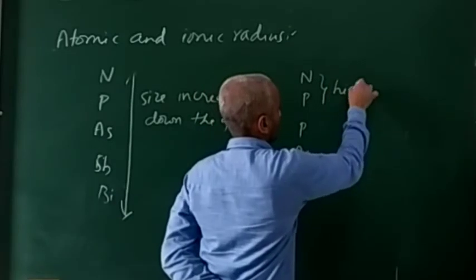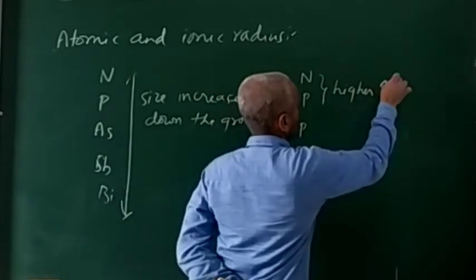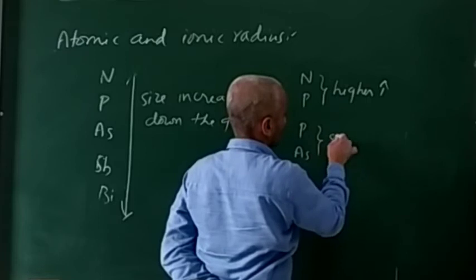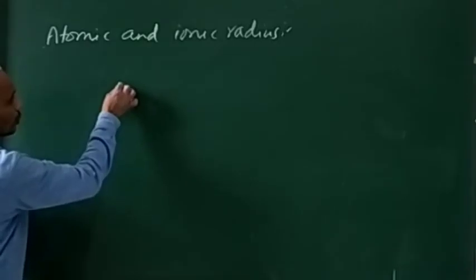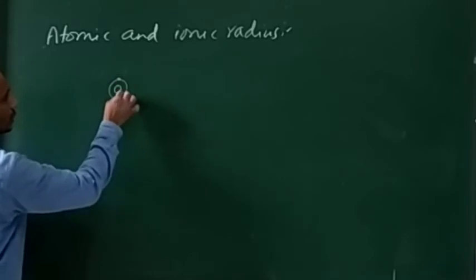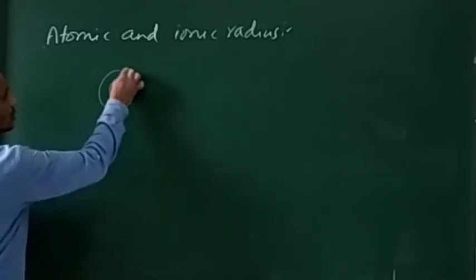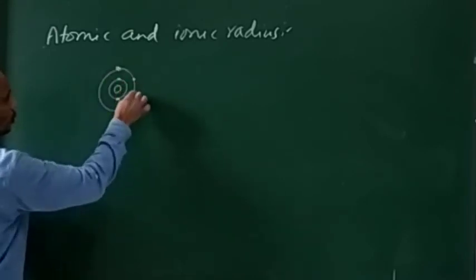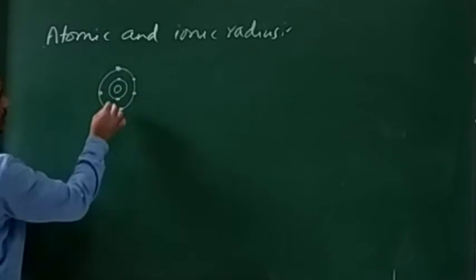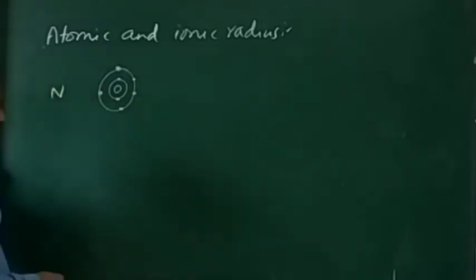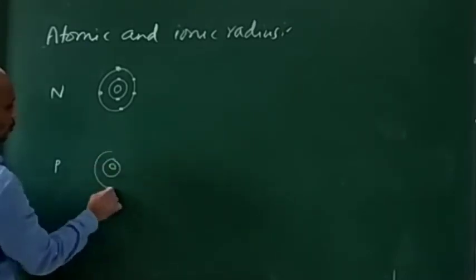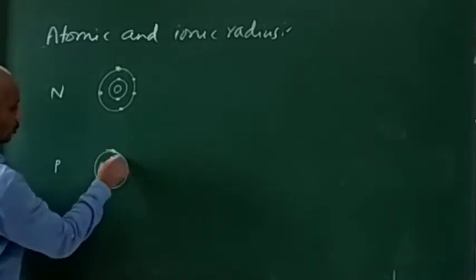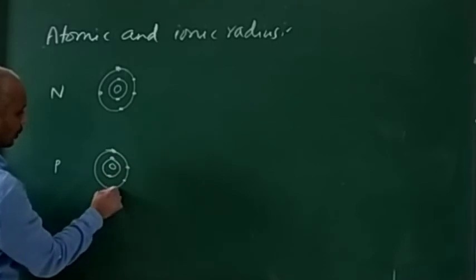Higher ratio, lesser increase. Nitrogen is 1s2, 2s2, 2p1, 2p2, 2p3.